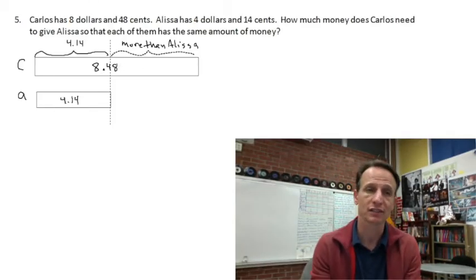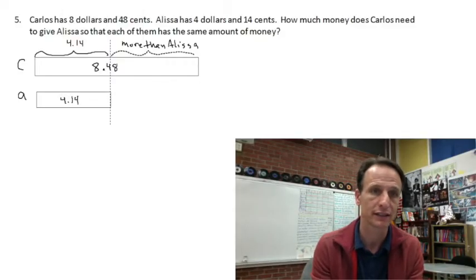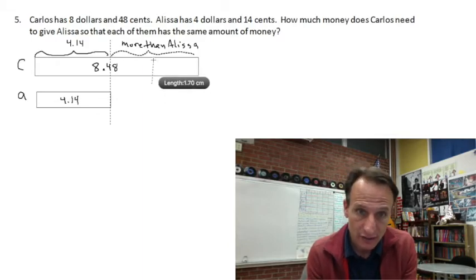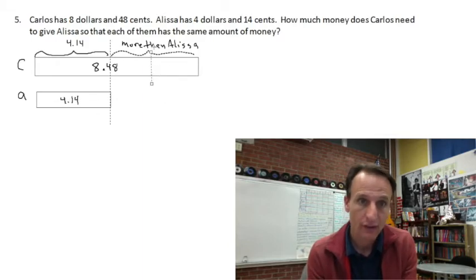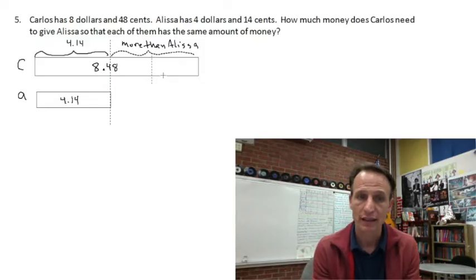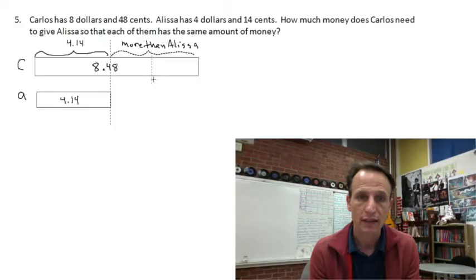So here's the logic. If you take that, and I'm going to go back to my dotted line here, and I split it in half, just like that. And half stays with Carlos, and this half here goes down to Alyssa.